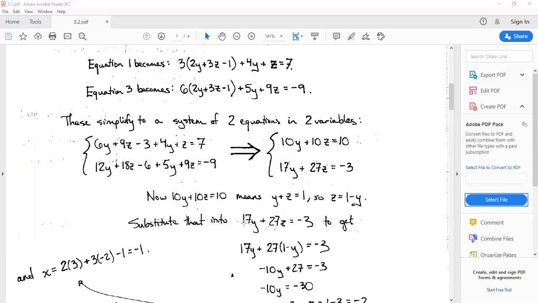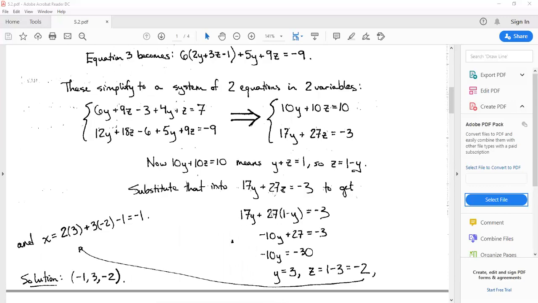So if we have 17y plus 27z equals -3, I'll substitute in z equals 1 minus y and get 17y plus 27 times 1 minus y equals -3. Let's see what happens here. We have 17y and minus 27y on this side.